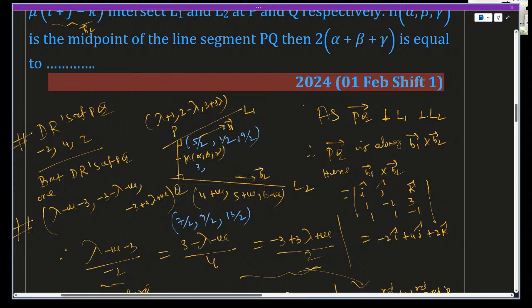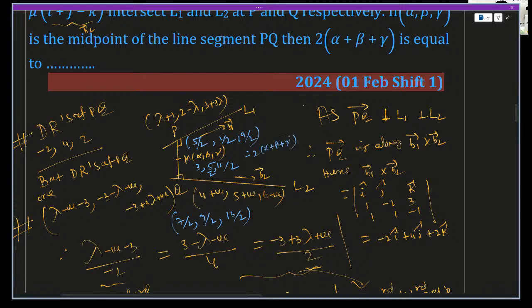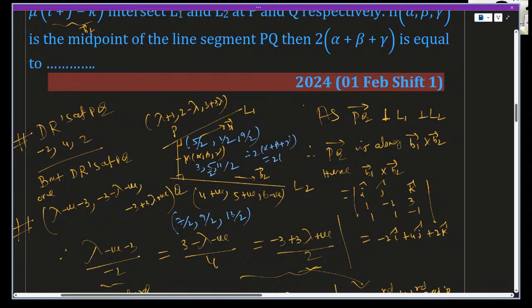Alpha is 3, beta is 5 by 2, gamma is 11 by 2. Now 2 alpha plus beta plus gamma we can find: 2 into 3 plus 8, I am getting 22.